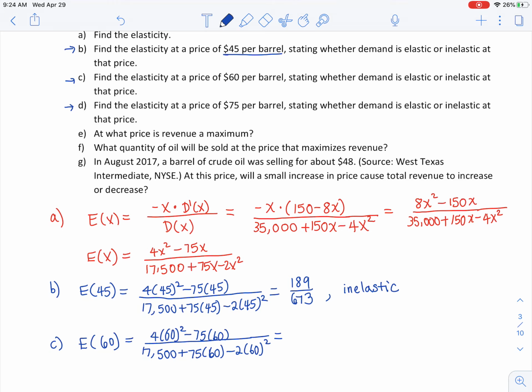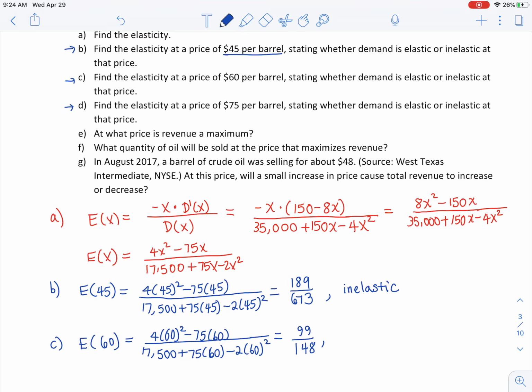So on the exam, make sure you give me both parts, okay? Give me the answer, the number that you got, and then decide based on that number whether it is elastic or inelastic. I am typing this into my little calculator in my hand. All right, I got 99 over 148.